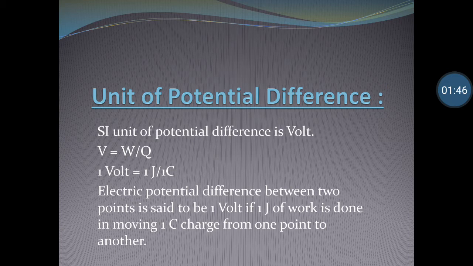So 1 volt is equal to 1 joule per 1 coulomb. Electric potential difference between 2 points is said to be 1 volt if 1 joule of work is done in moving 1 coulomb charge from one point to another.